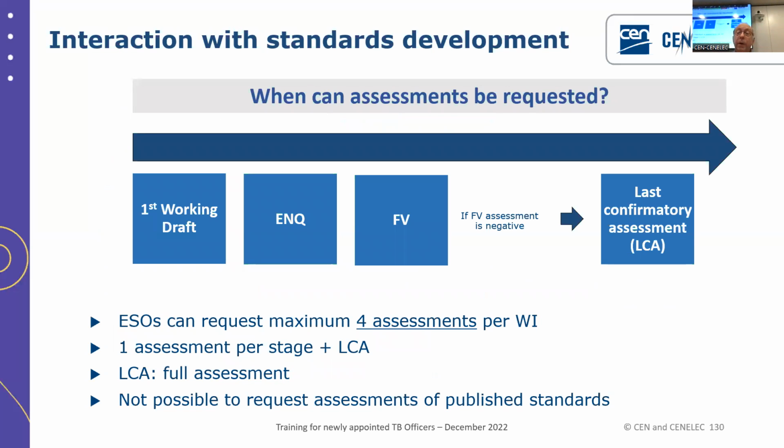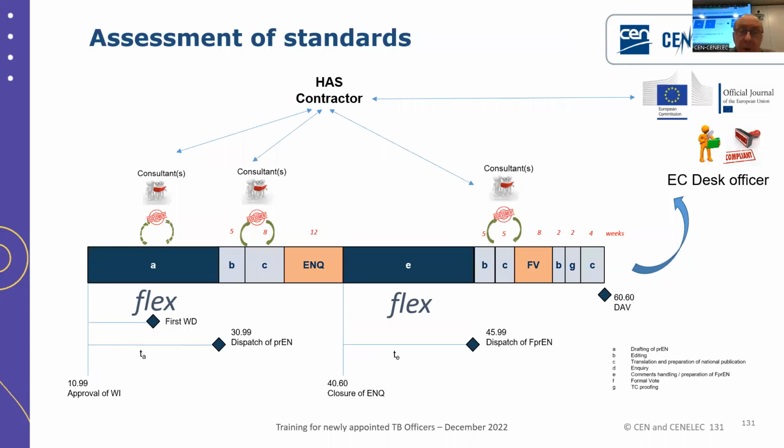So I mentioned that there is a new step where you can get an assessment. It is at the last conformity assessment moment. I will come back to that on the next slide. So in the past, there were 2 assessments, one at indicative stage.